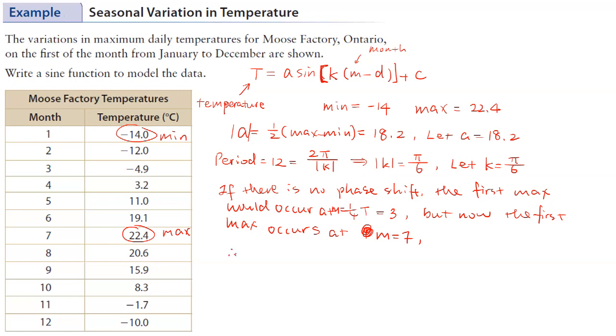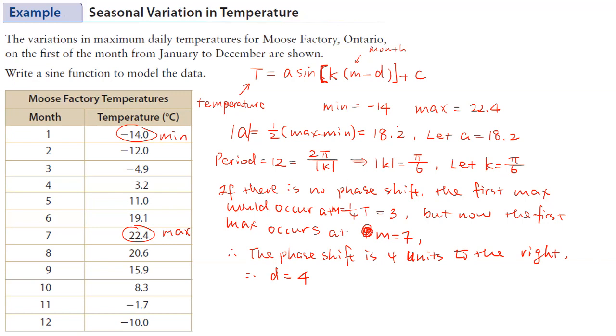And therefore the phase shift is 4 units to the right, so d is actually 4, because we have 4 units to the right.